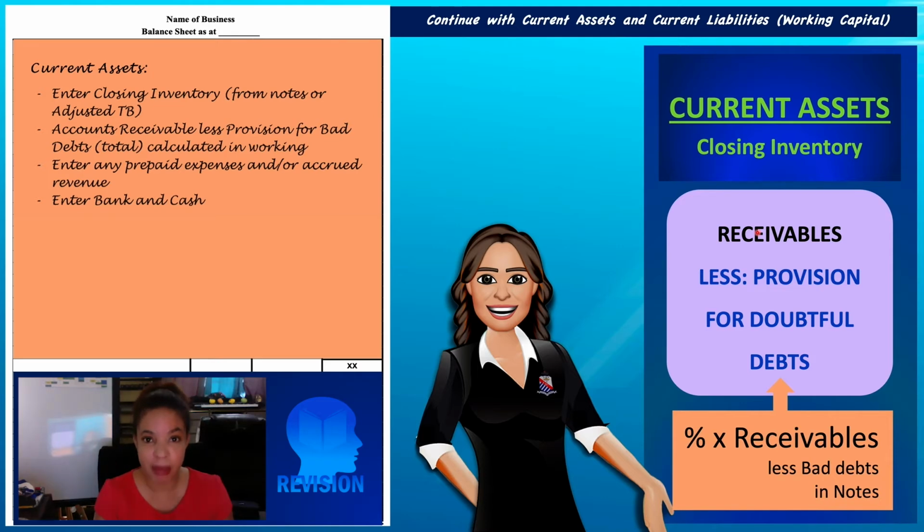But just remember that if bad debts are in the notes to the accounts or the additional information, to find your total provision for doubtful debts, you will have to subtract those bad debts in the notes from your receivables and then find the percentage of it to get your total. That total that you calculate is the total that goes into your balance sheet.